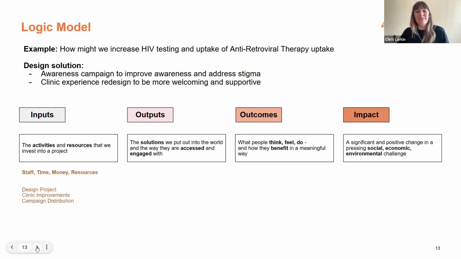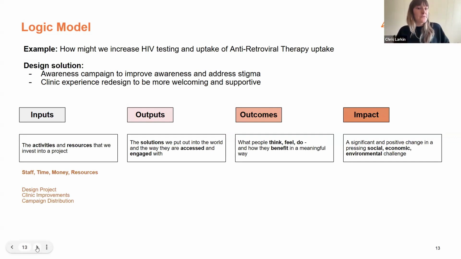So we'll take an example of a project, a health project. This is a hypothetical project, but you may recognize work like this and you may have come across it. So a design project with a how might we increase HIV testing and uptake of antiretroviral therapy.